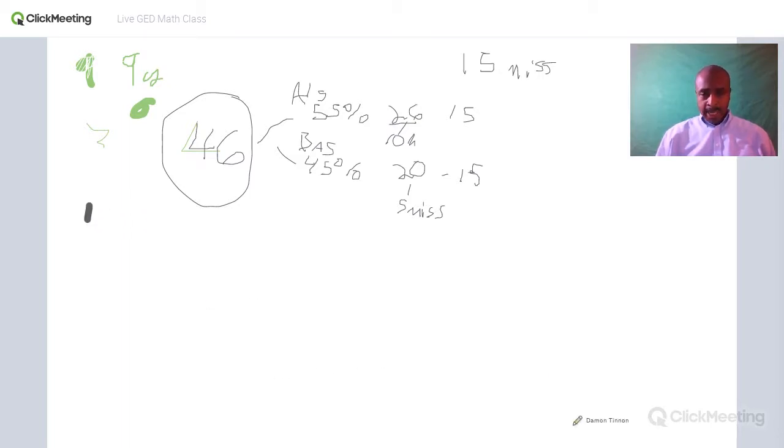Let me get the right size pen here. All right, so here we go. The first one is y over 3 plus 3 equals 6.